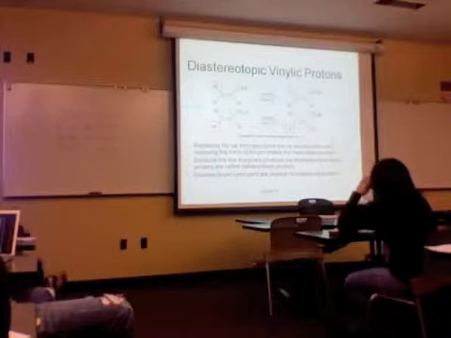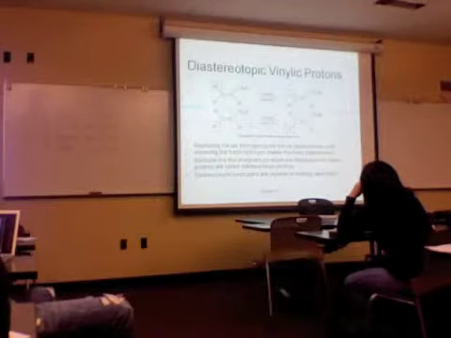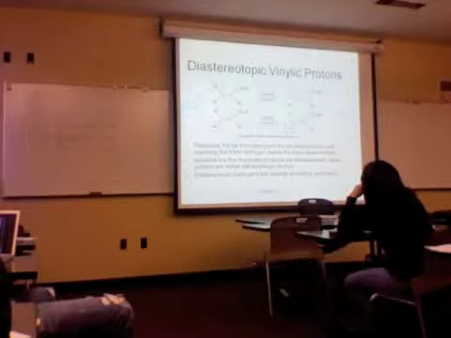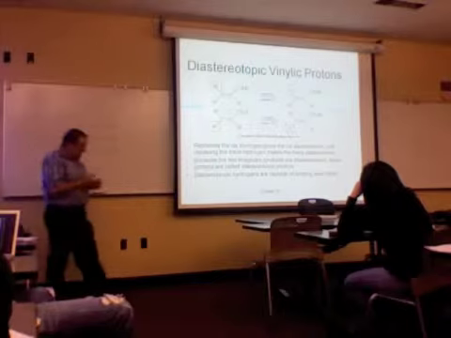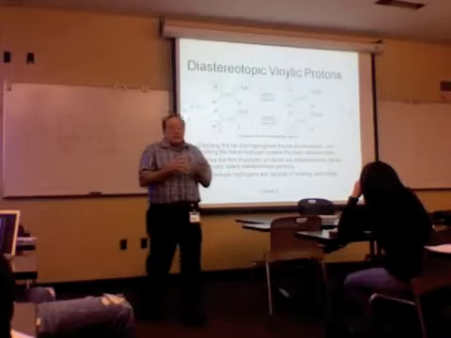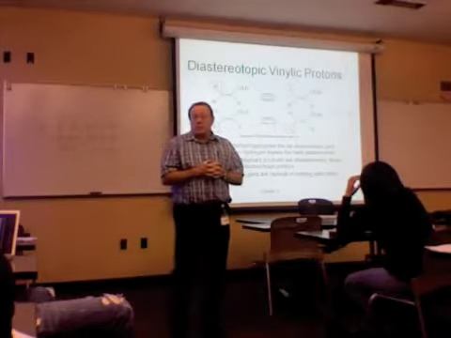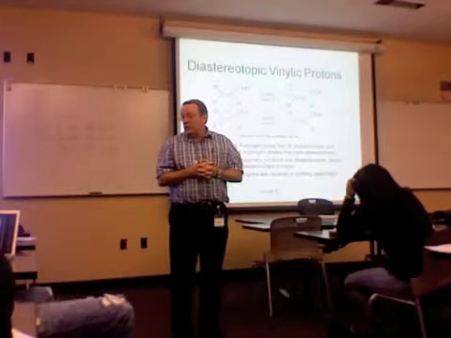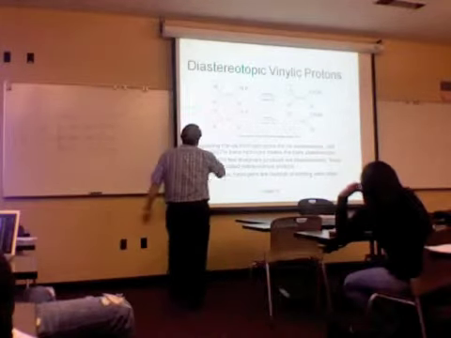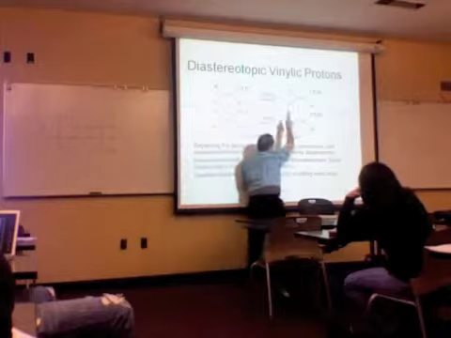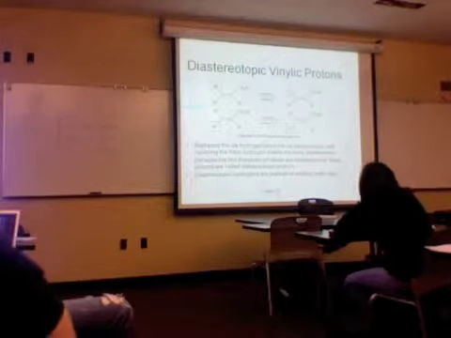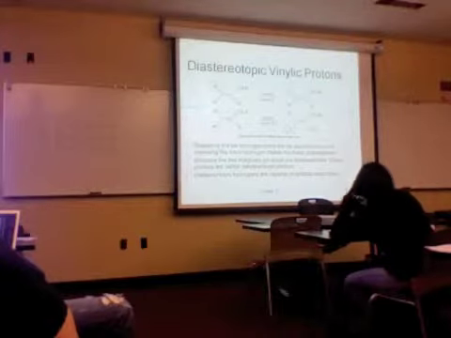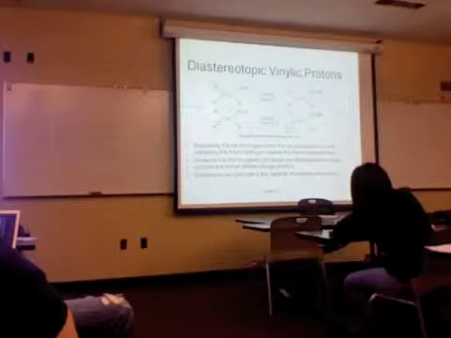This can happen in a situation where I've got multiple chiral centers, and also around double bonds. The cis and trans isomers of one another are considered to be diastereomers. They fit into that general category. And that's what happens here. If I replace either A or B, I create a pair of cis-trans isomers, or diastereomers. So those hydrogens are said to be diastereotopic.